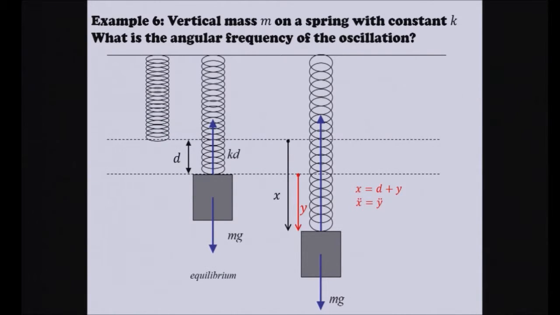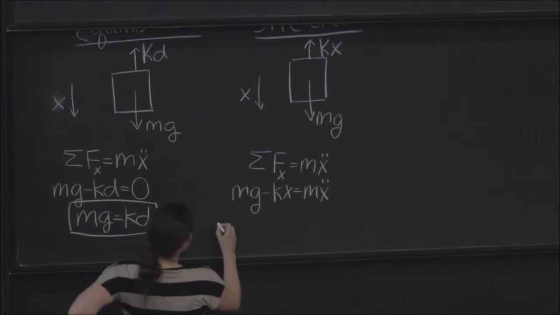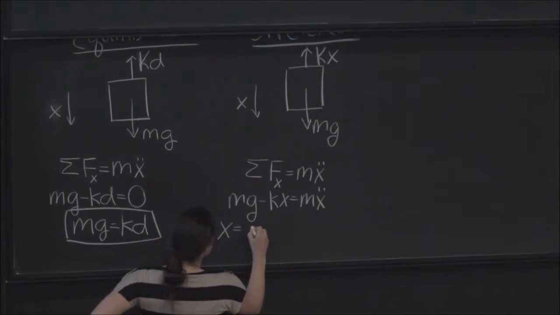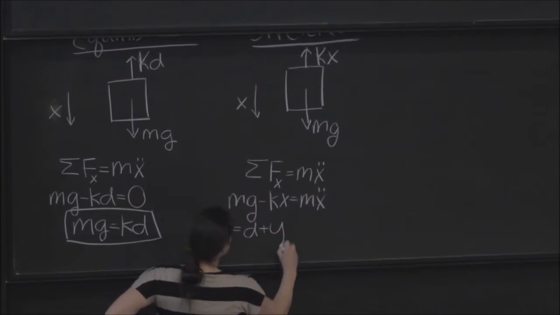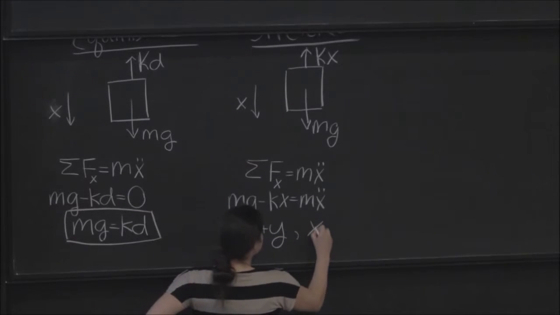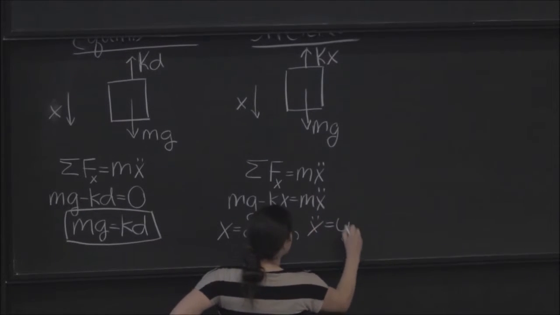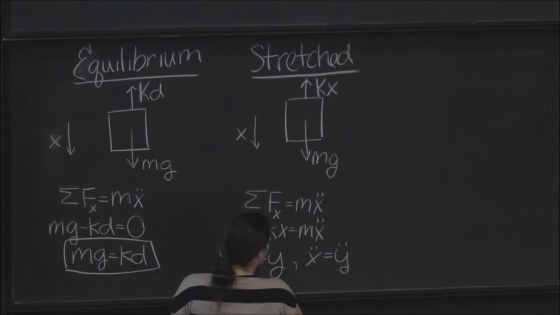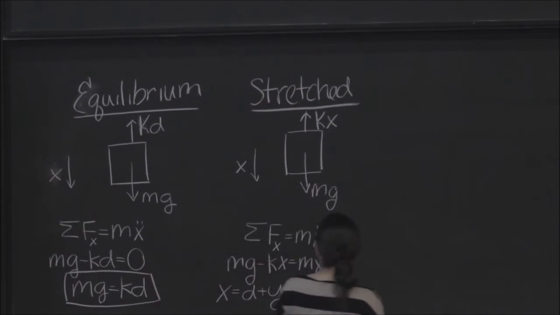I'm going to make that substitution into my equation. And I'm going to end up with, so let's see, I have x equals d plus y, and I have x double dot equals y double dot. Okay. Let me come over here and sub those in.